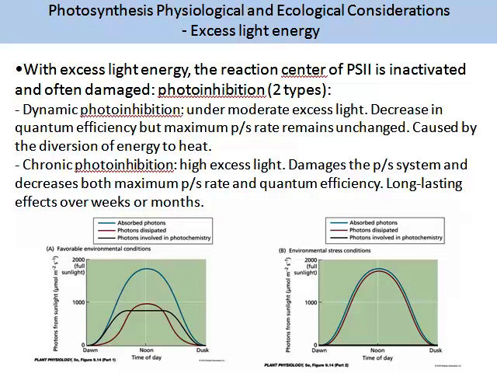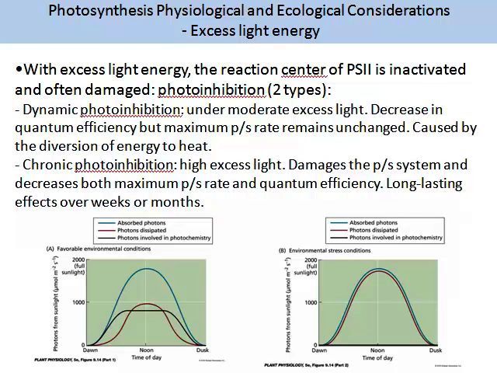With excess light energy, the reaction center of photosystem 2 is inactivated and often damaged, and this is called photoinhibition. There are 2 types of photoinhibition, dynamic and chronic. Dynamic photoinhibition operates under moderate excess light and decreases quantum efficiency, but the maximum photosynthetic rate remains unchanged.